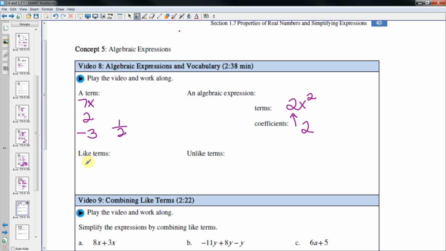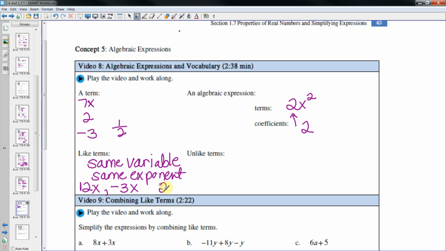For like terms, you have the same variable with the same exponent. So like terms would be like 12x and a negative 3x, because they both have an x.